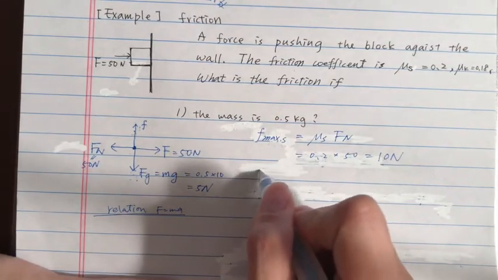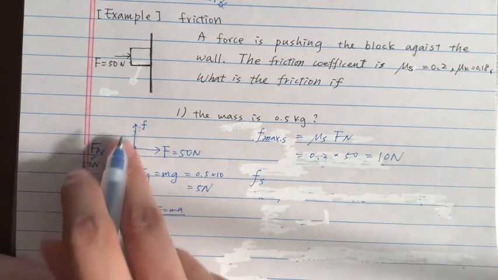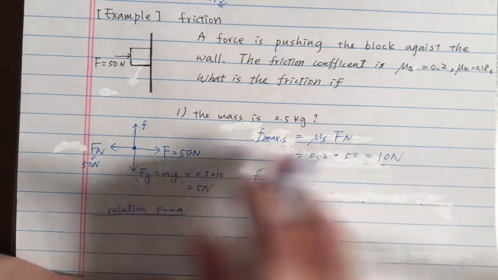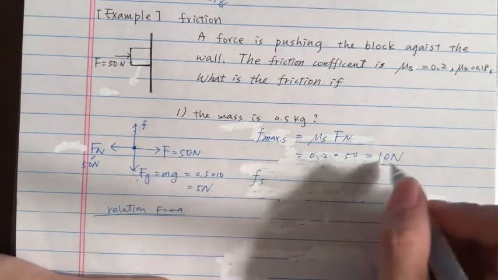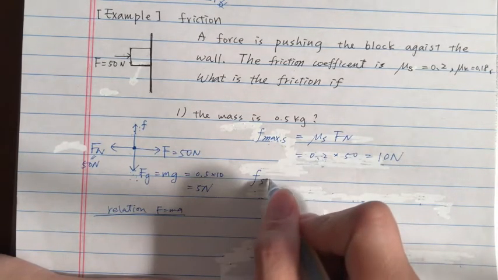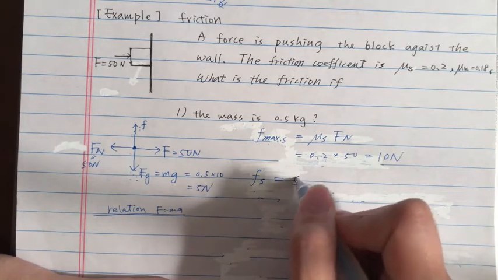So the friction force here should be static friction, because the maximum friction force is 10 Newtons, so I can definitely have a friction force less than that. All right, which means my static friction force should be equal to 5 Newtons.